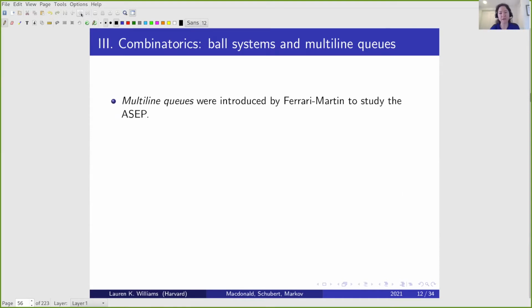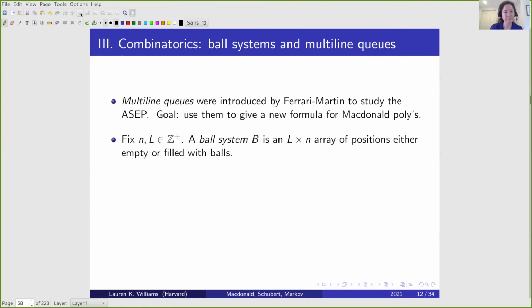Ferrari and Martin, who are probabilists, had introduced these things called multiline queues in order to study the ASEP. And so our goal was to take these combinatorial objects used to study ASEP to try to understand Macdonald polynomials better. May I ask you a question?